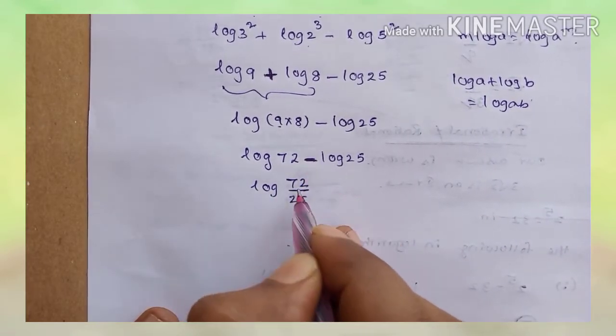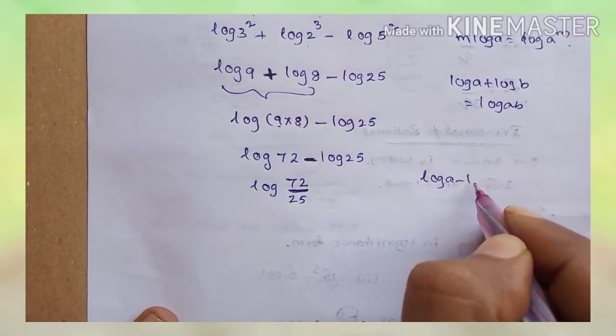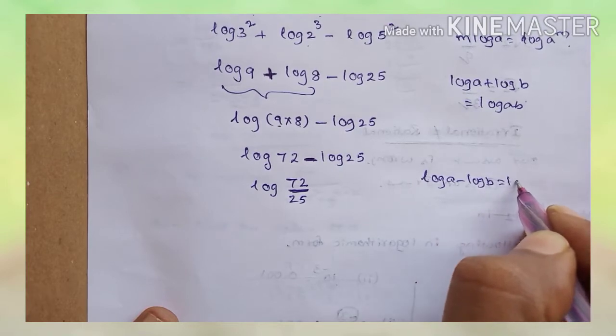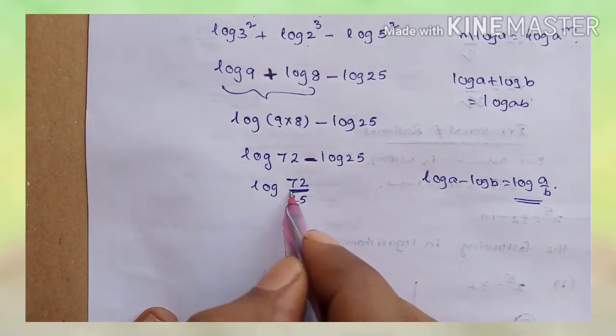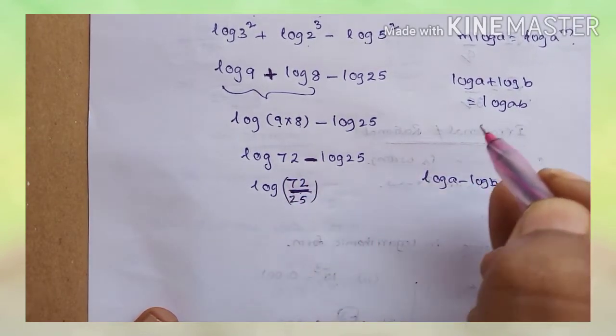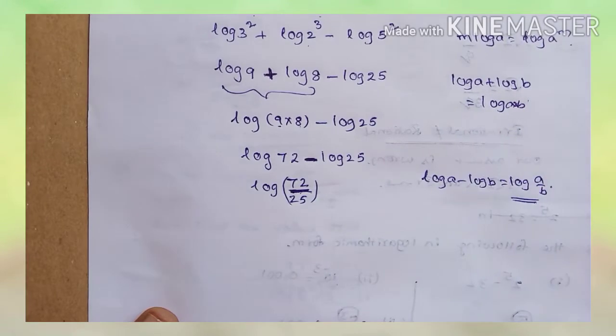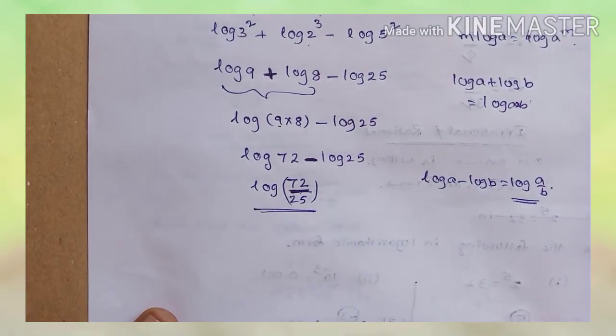Here for minus we have to write division, because the formula is log A minus log B is equal to log A by B. When you are writing as a single log, if minus is given we have to write by, if it is plus we multiply as into. Okay? So the result is equal to log 72 by 25.